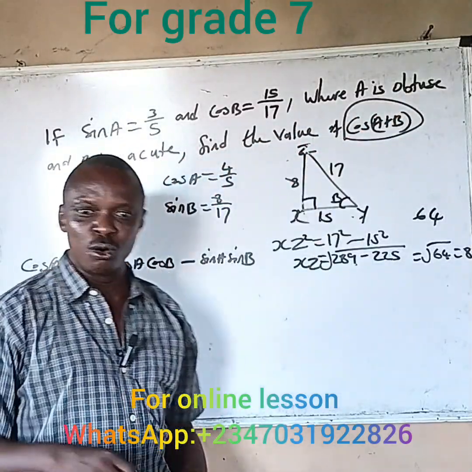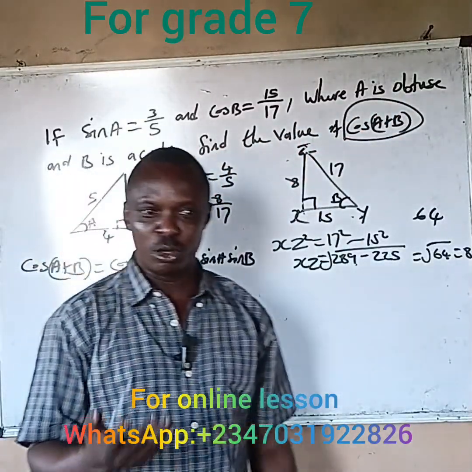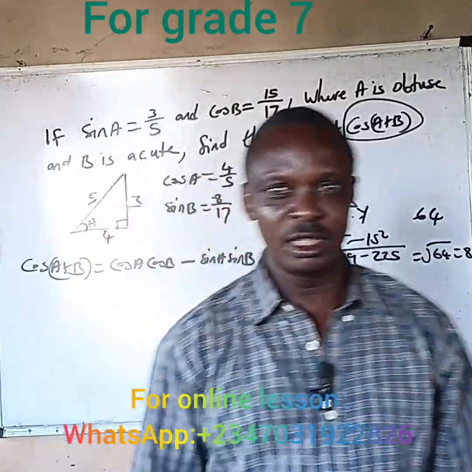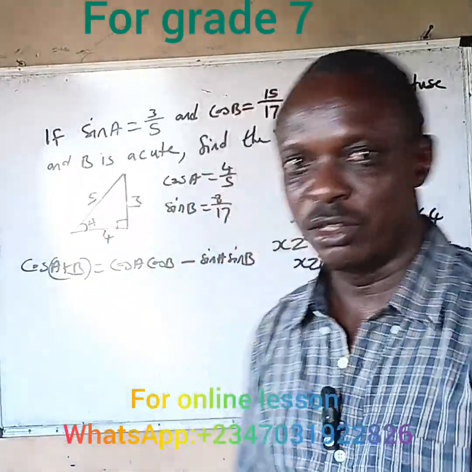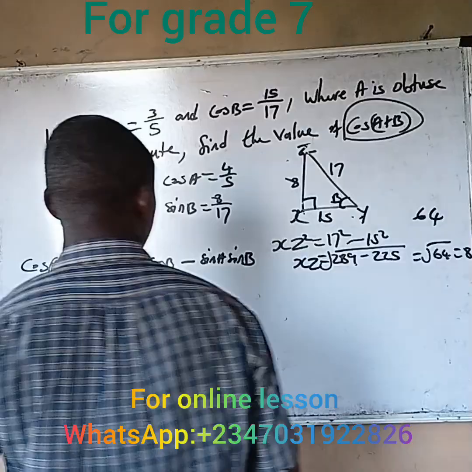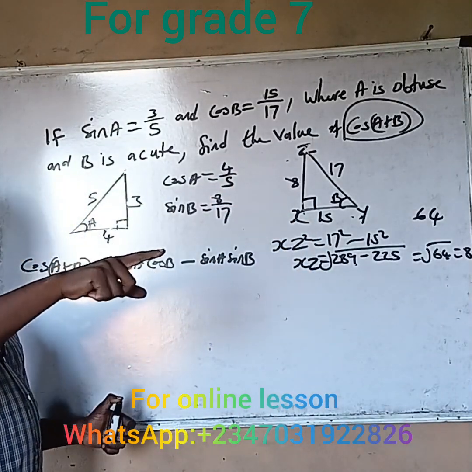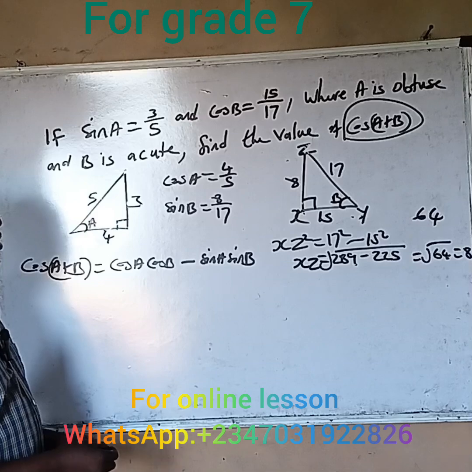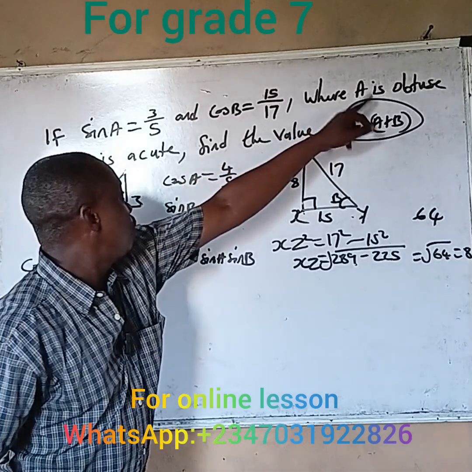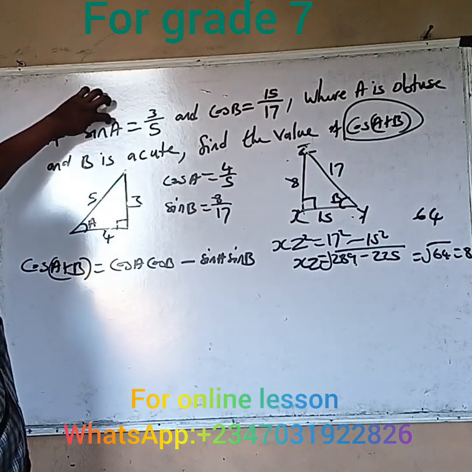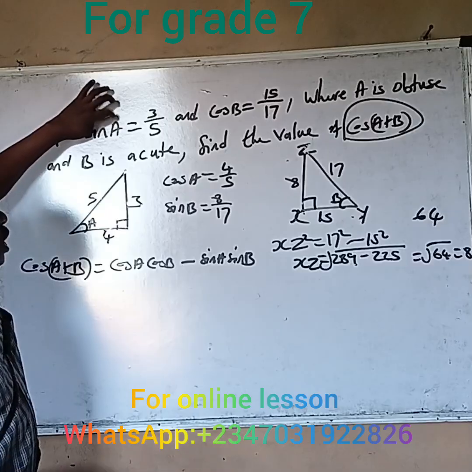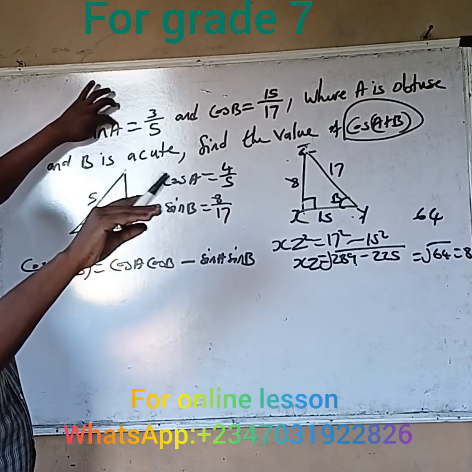An obtuse angle is greater than 90 but less than 180, and that is the second quadrant. In the second quadrant, only sine is positive. So since A is obtuse, sine is positive there because it's in the second quadrant.